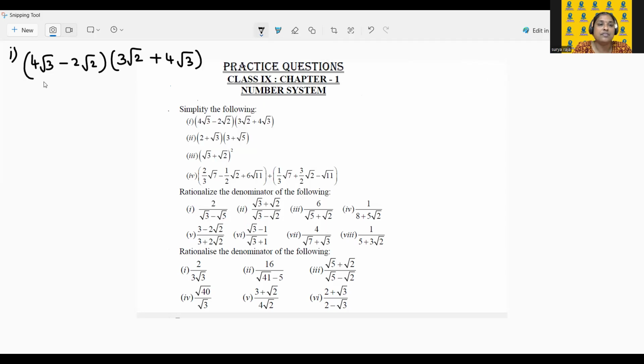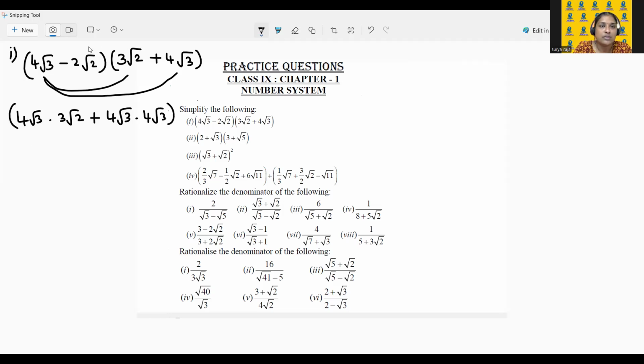I'm taking the first term, 4 root 3 multiplied by 3 root 2. 4 root 3 times 3 root 2. And again 4 root 3 by 4 root 3. See, both have positive sign. I'm writing the positive sign. 4 root 3 times 4 root 3 within bracket.